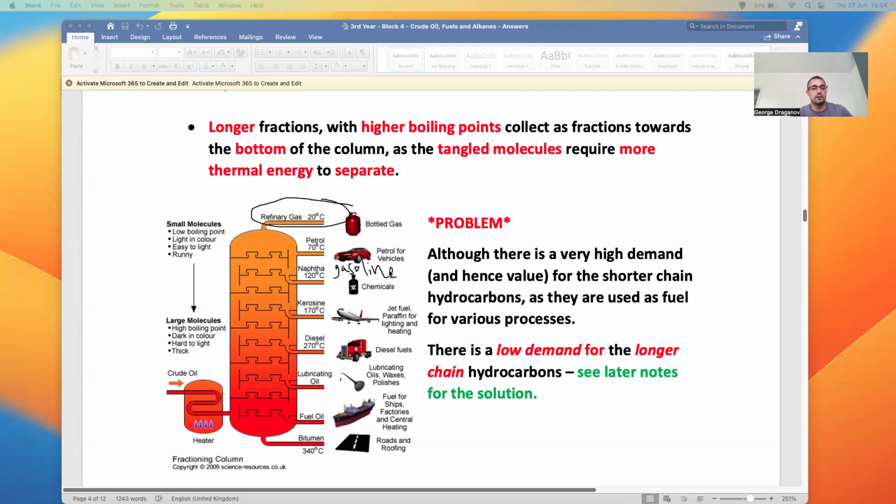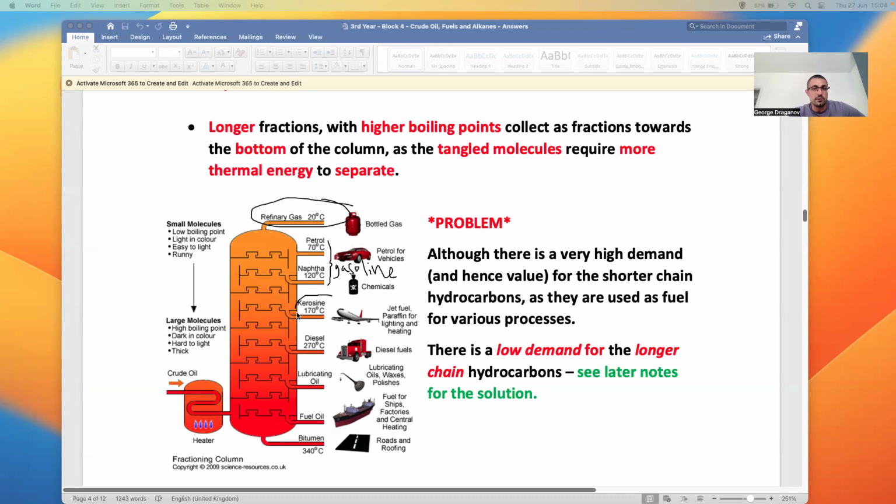So instead of learning 2 separate ones, you can just learn gasoline for these 2. So refinery gas is used for the cooking stove if you're still using gas, or the Bunsen burner. It is essentially methane. You can also use it in these kind of containers that you have to turn on the tap. The gas comes off, you light it with a splint or with a match or a lighter.